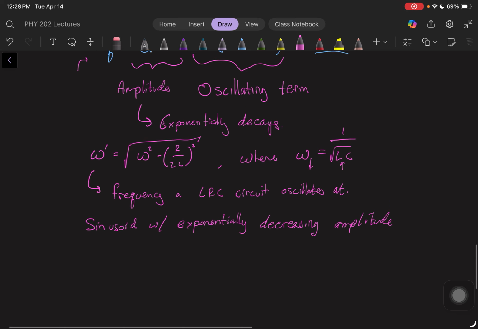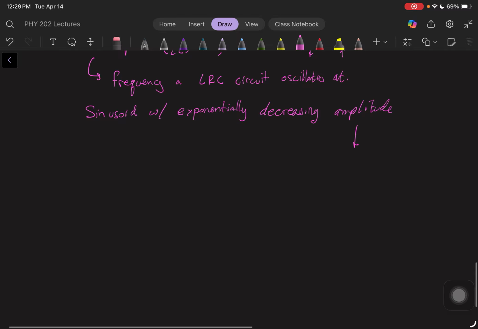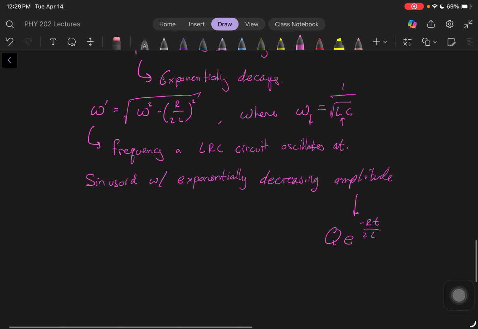And that amplitude we said was going to be equal to Q e to the negative Rt over 2L. We see we have this R over 2L here. We have it in the amplitude as well, for the exact same reasoning. The higher the resistance, the faster we're going to dissipate all this energy. The higher the inductance, the slower we are, because it is going to slow down the current and decrease the maximum current. Okay.